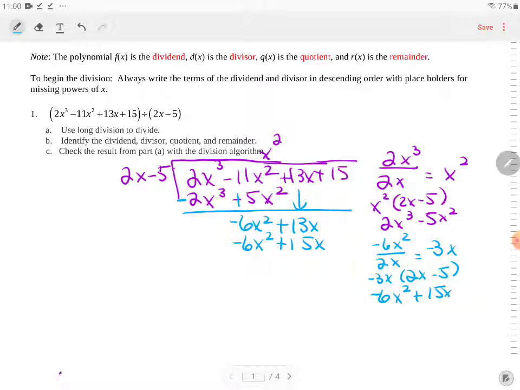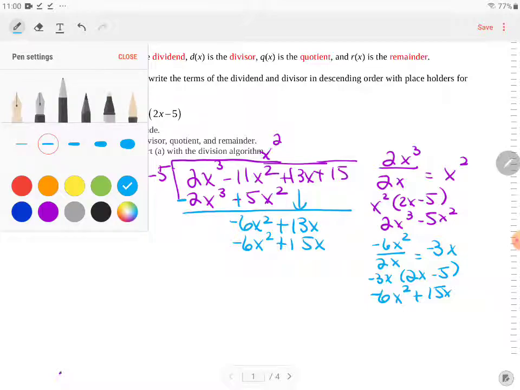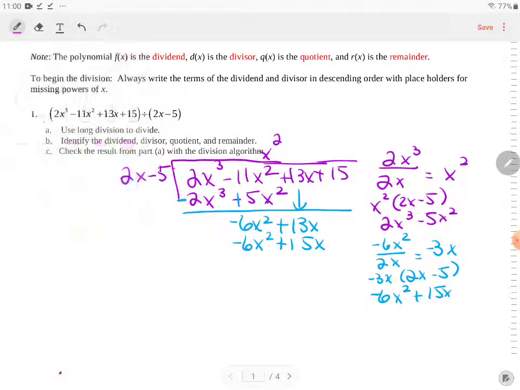Okay, and then we are going to subtract. Again, we will add the opposite. So we will underline and make this a positive and a negative. That goes to 0. 13 minus 15x is negative 2x plus 15. So negative 2x divided by 2x is negative 1.